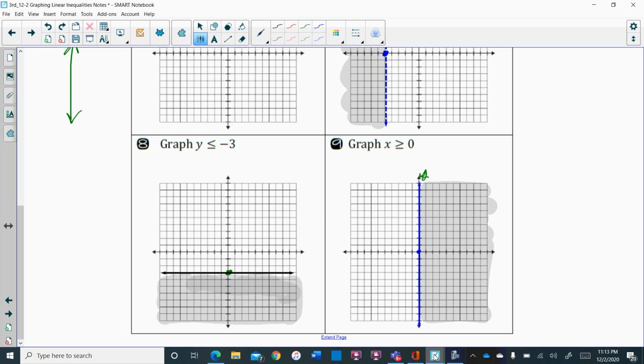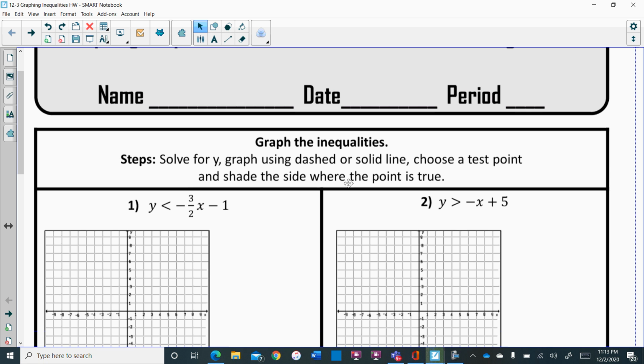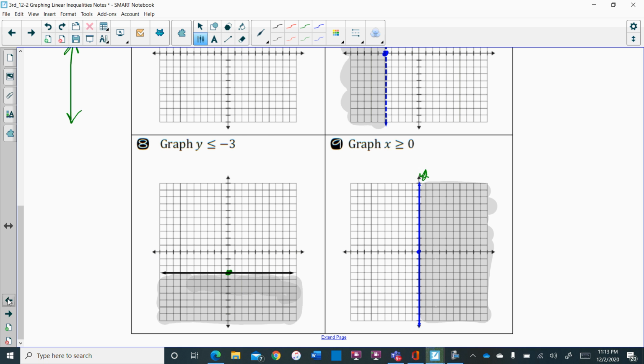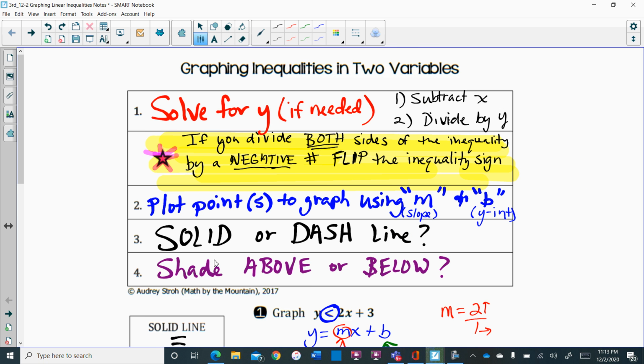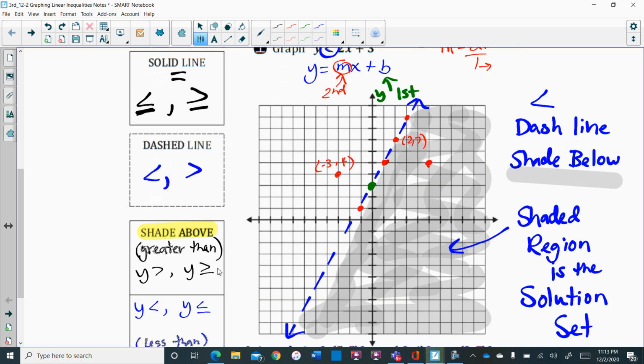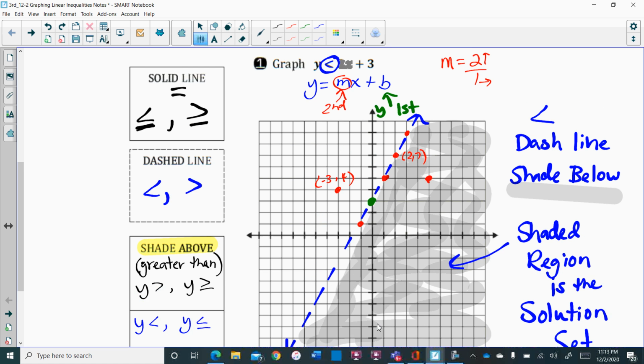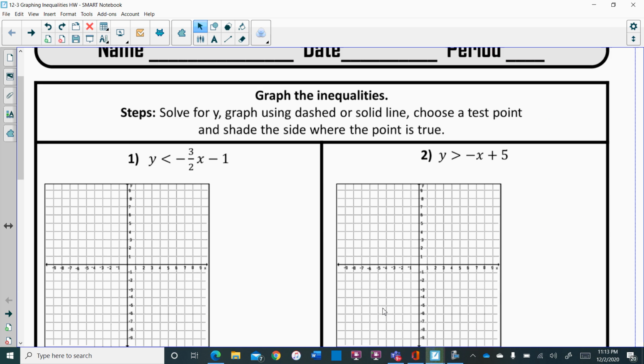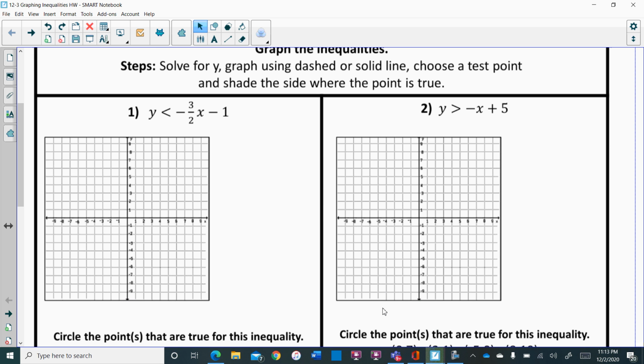All right, so what you're going to do is use that information that we learned yesterday. If you want to look at these notes to help you, if you want this out with you as you do your practice problems, that's fine. But make sure your name's on here. You're going to need to solve for y if necessary, if the y is not already isolated. They want you to graph using solid or dashed lines.